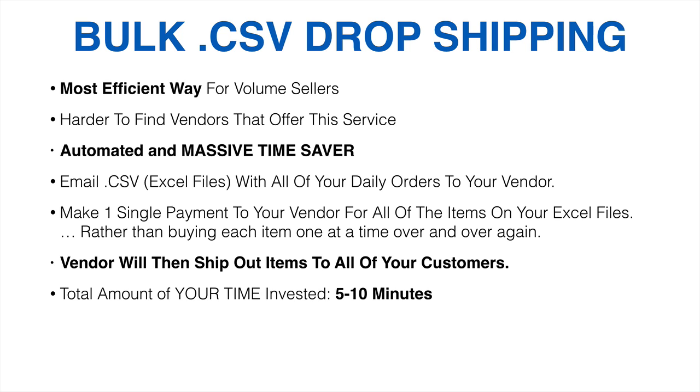So you should see in this course a video on exactly a live recording of how we do the one-by-one shipping. And you're also going to see an additional video on how we use bulk CSV drop shipping and exactly how we set up the files to export, what the files look like, how the whole process is laid out.